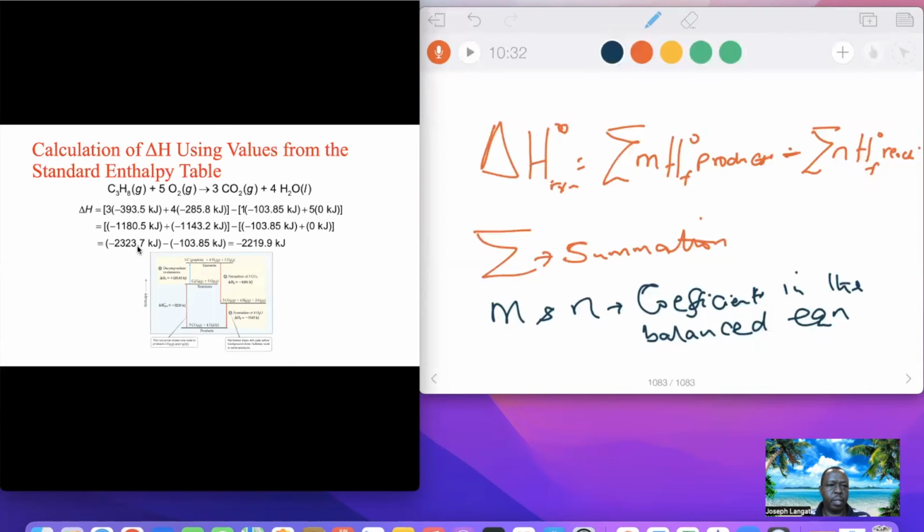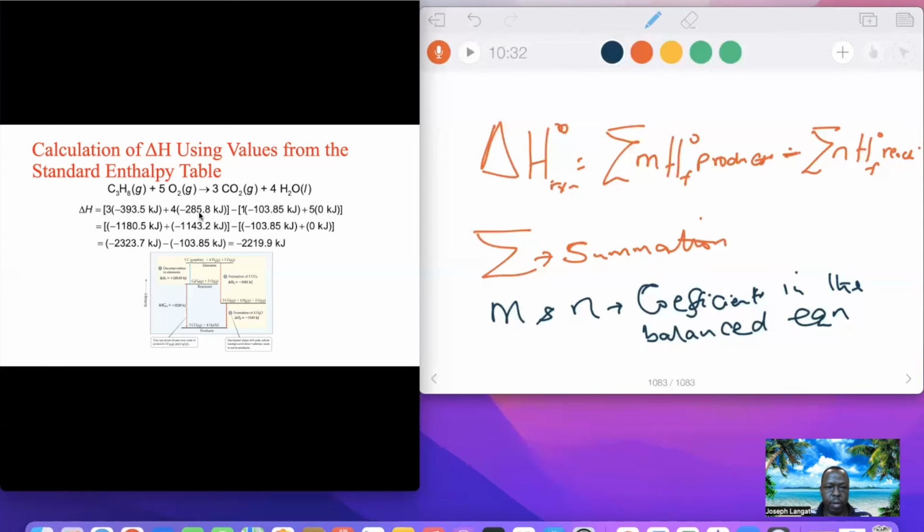Here is how to solve. We have CO2, this is the product. H2O, this is the product. For CO2, it's 395.5 times 3, and then plus 4.